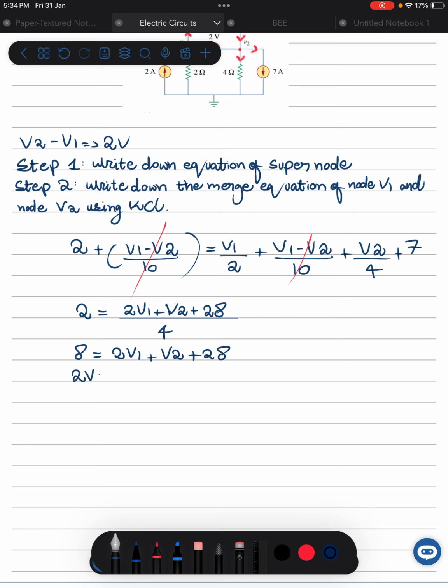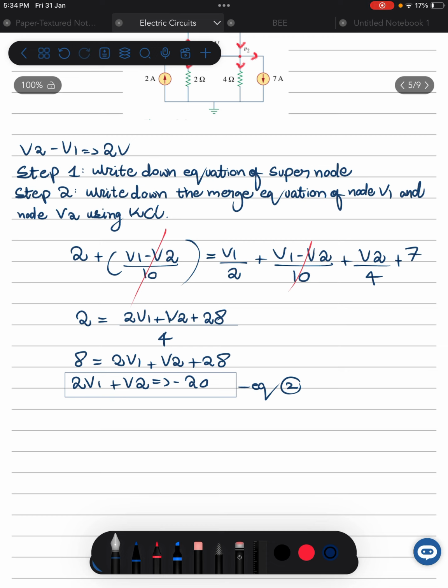Now arranging the equation, 2V1 plus V2 is equal to minus 20. This is equation number 2, and the earlier one is equation number 1 of the supernode.